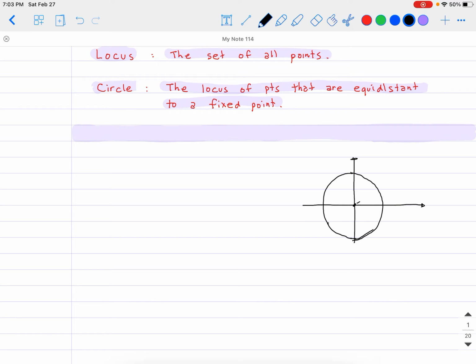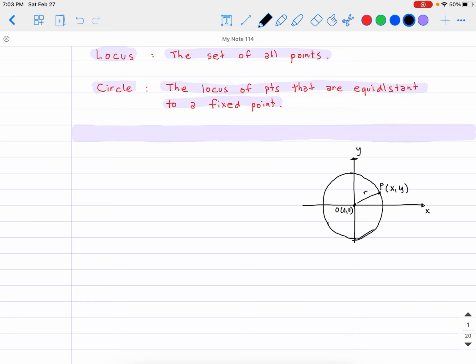So from the center, we're going to go ahead and draw to some arbitrary point, which we'll denote as x comma y. The distance is going to be r, as we said, because that is the radius of the circle. And this point over here we'll call P is going to be a point that's going to be on the circle. So it's going to be a part of the locus of points. Finally, the origin is going to be represented as point O over here, which is going to be 0, 0.